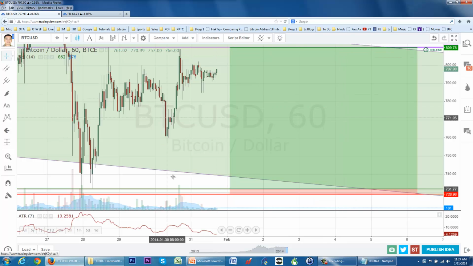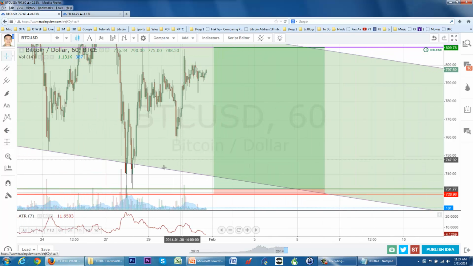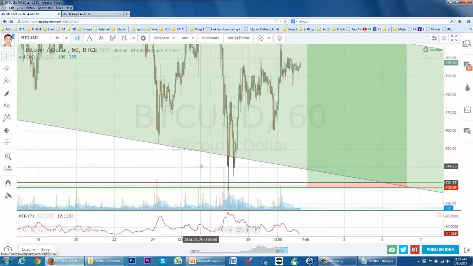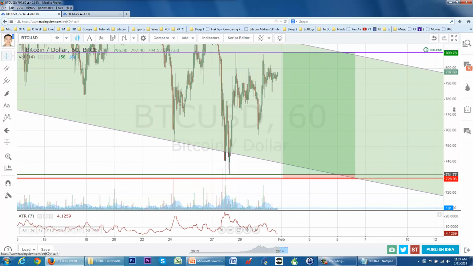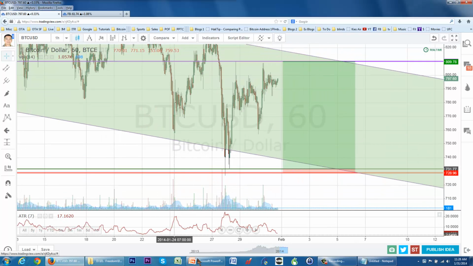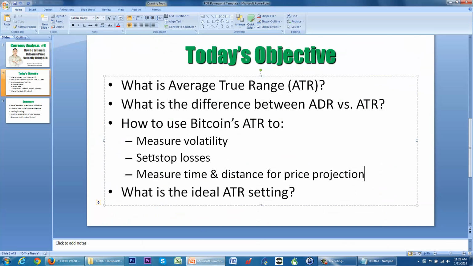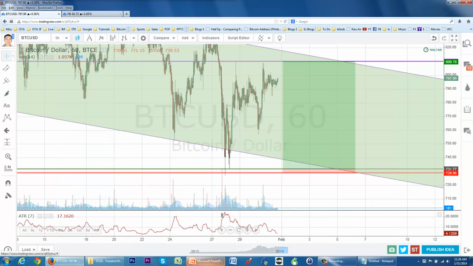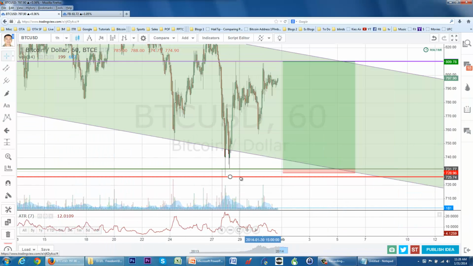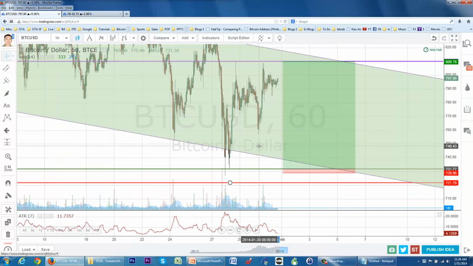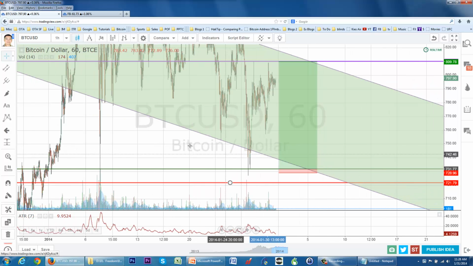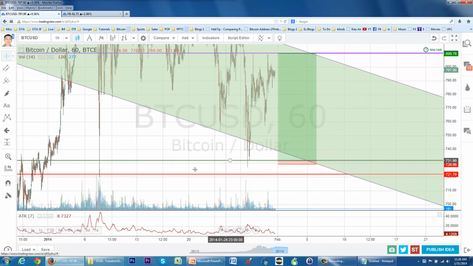Because of that, the way that we use ATR to set our stop losses is that we want to make sure that our stop loss, no matter what time frame we use, is just slightly bigger than the actual ATR.